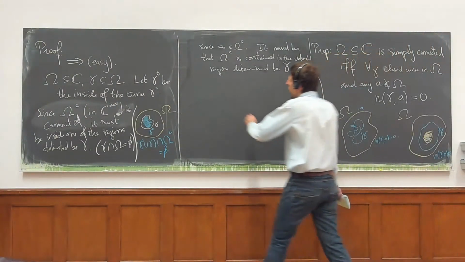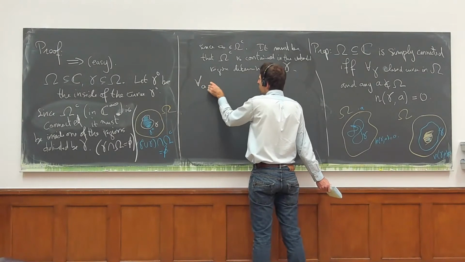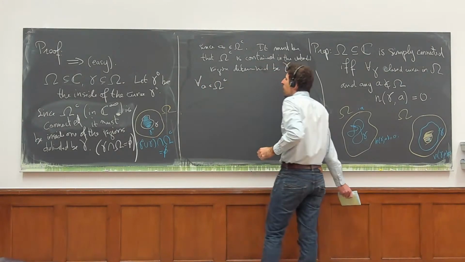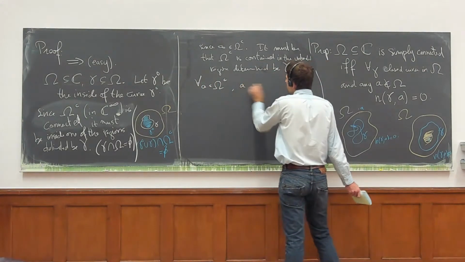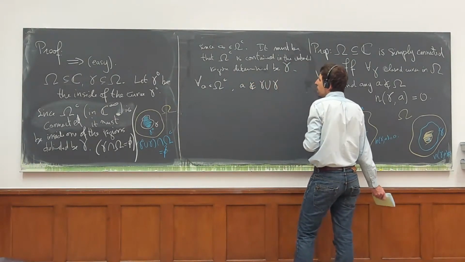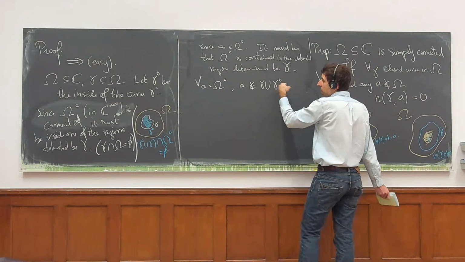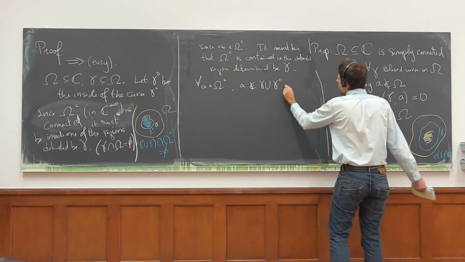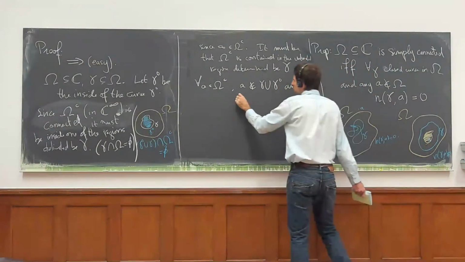And so in particular, this means that for all A in the complement of omega, A is not in the curve or the inside of the curve, and so the winding number needs to be 0.